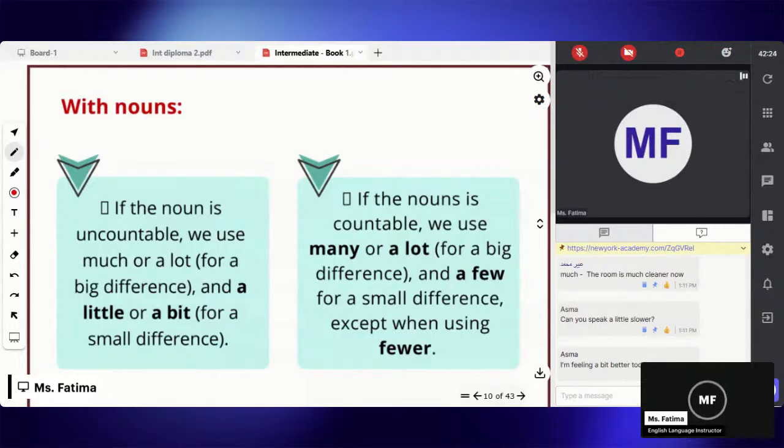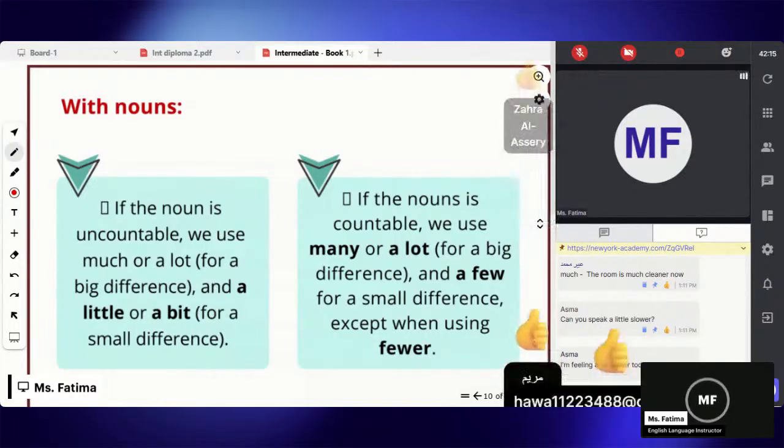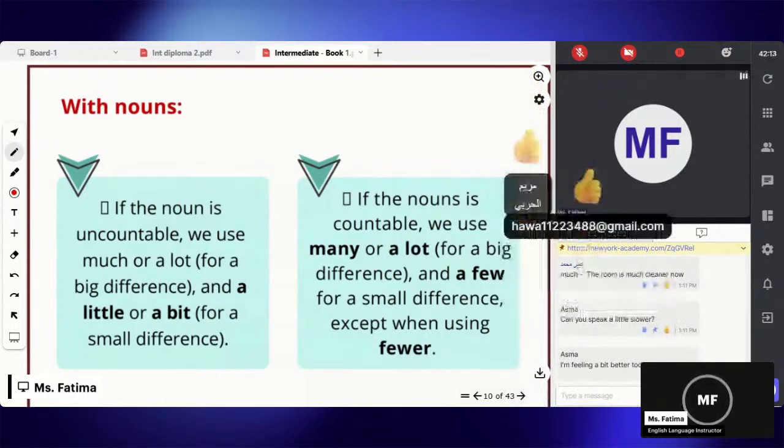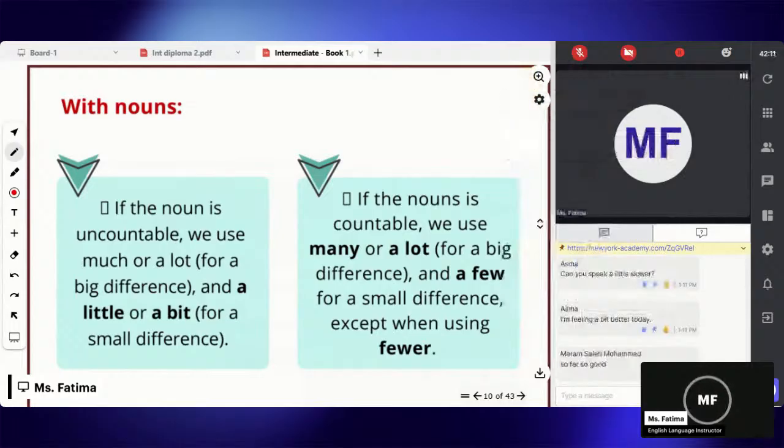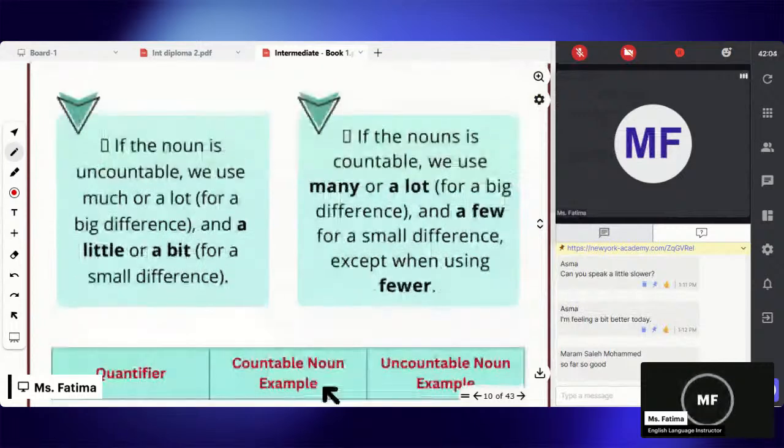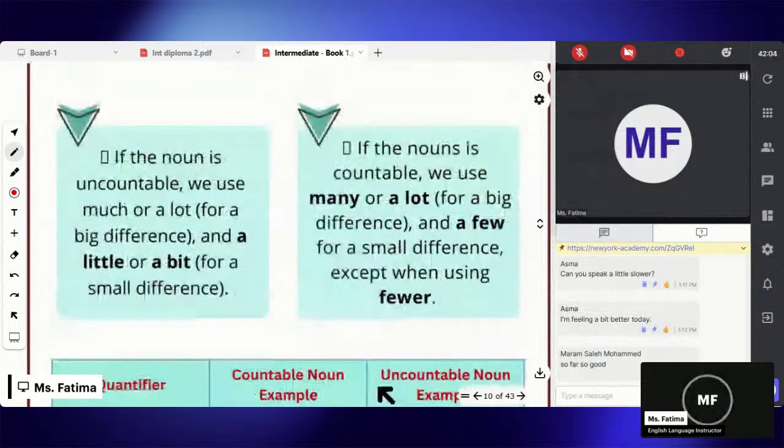Is it all clear so far? Give me yes. Great. So here we have a comparison between countable and uncountable nouns.